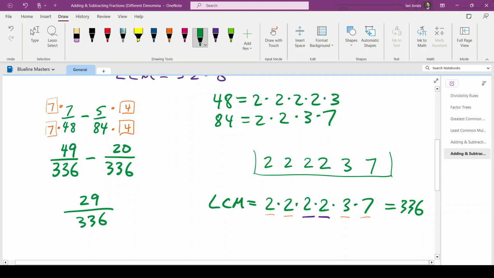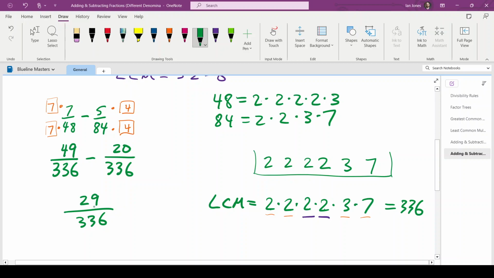If 29 has none of these factors, I can't reduce. Okay, so these are the numbers I'm checking because 336 is composed of 2's, a 3, and a 7 all multiplied together. So if I cannot divide 29 by 2, 3, or 7, then I know there's no reducing that can happen.